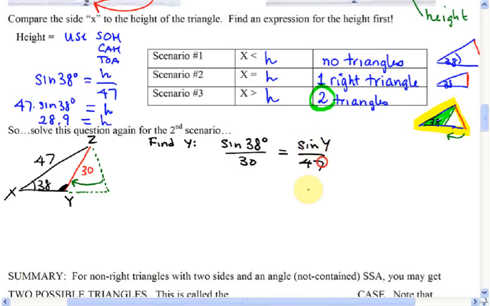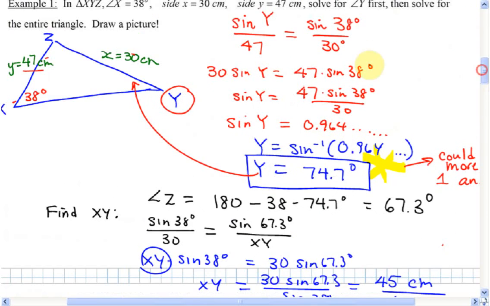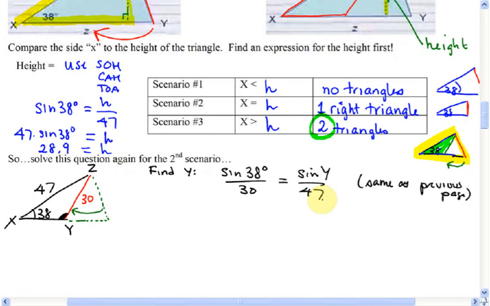Now, if you think about this, we did this already on the previous page. It's the same thing. Go check it out. So when we solve for y, what did we get?